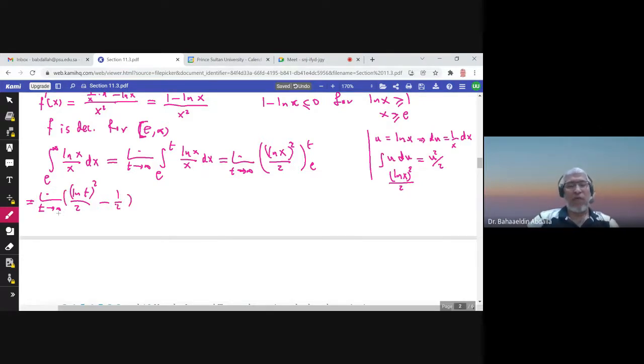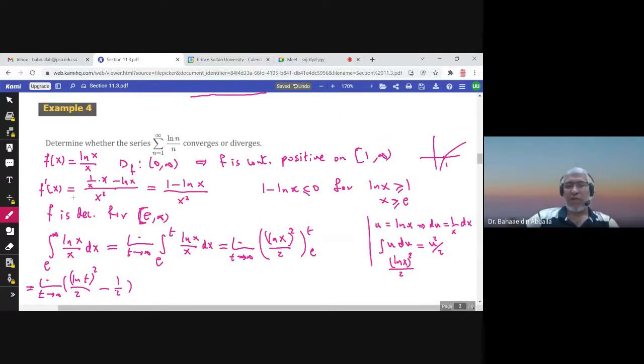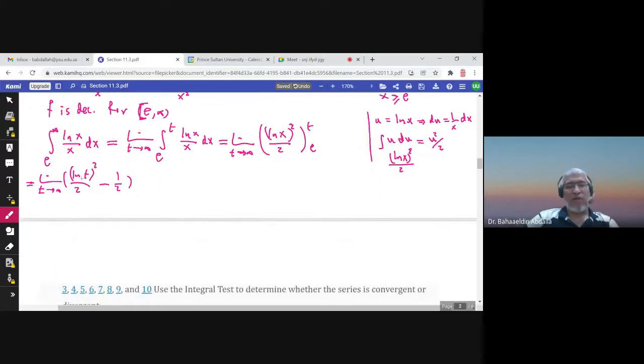Now if t goes to infinity, then ln infinity is infinity because of the graph of ln. So infinity squared, infinity over 2, infinity minus half, so the answer is infinity. So the integral diverges.